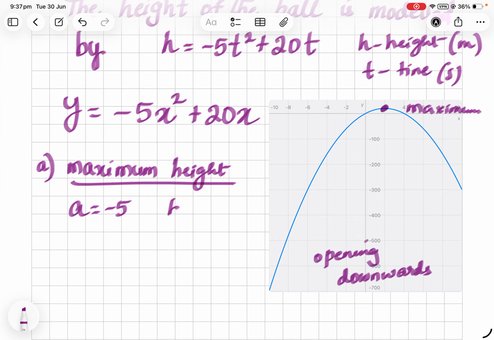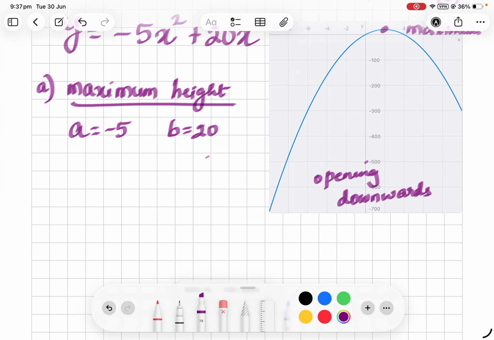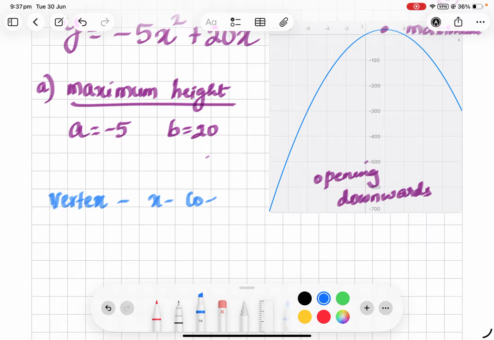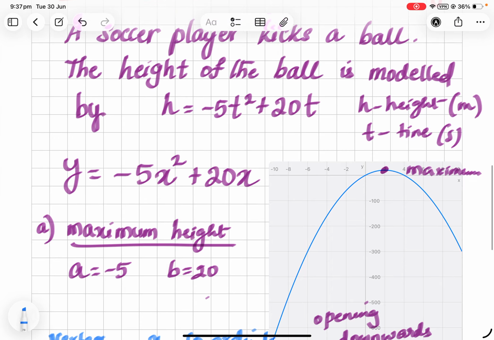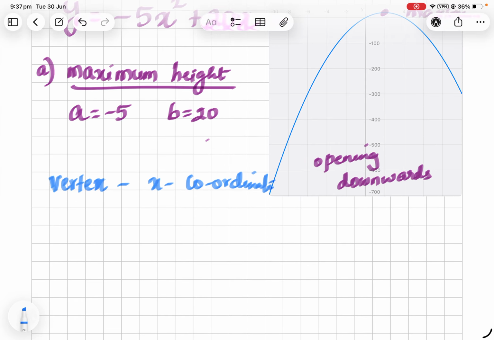And your b is the term with the x, which is nothing but your 20. Now, to find your vertex, the formula for the x coordinate, because your height is represented along the y-axis, so the maximum height I need is going to be minus b divided by 2a.